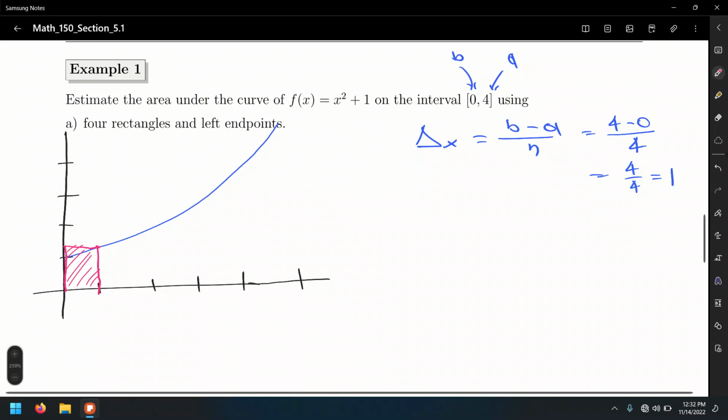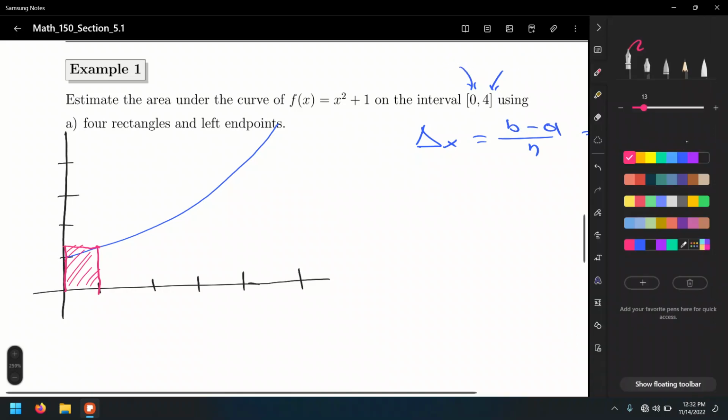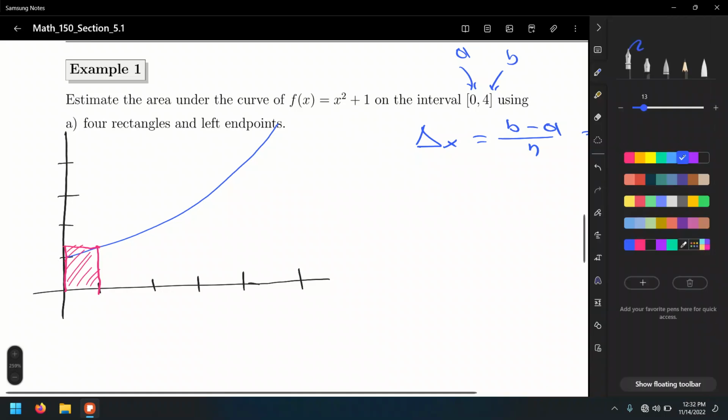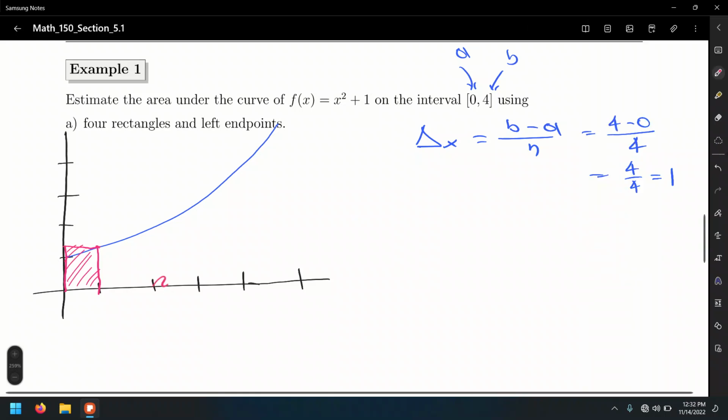When you say 0 is b, then what's 4 minus 0? Oh, that's the lower limit, 0. 4 minus 0, b minus a. Oh, yeah, I see what you mean. No, this is backwards, thank you. It should be a and b. Otherwise it's negative, and you don't want a negative area here. And the second rectangle here, another right endpoint.